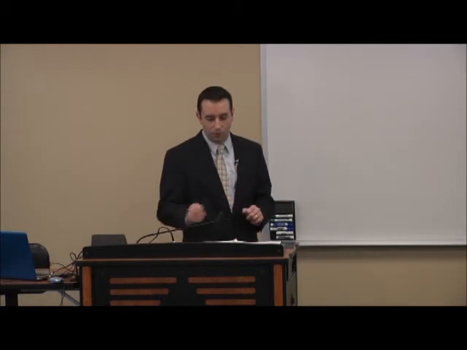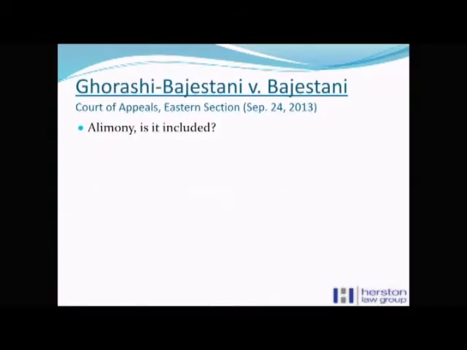Well, husband relies on an ancient case that was tried before the new guidelines were put into place. Well, at that point in time, the guidelines read that gross income shall include all income from any source, including alimony or maintenance. Well, the trial court finds that argument to be persuasive, and they find that alimony should be included in mother's income.